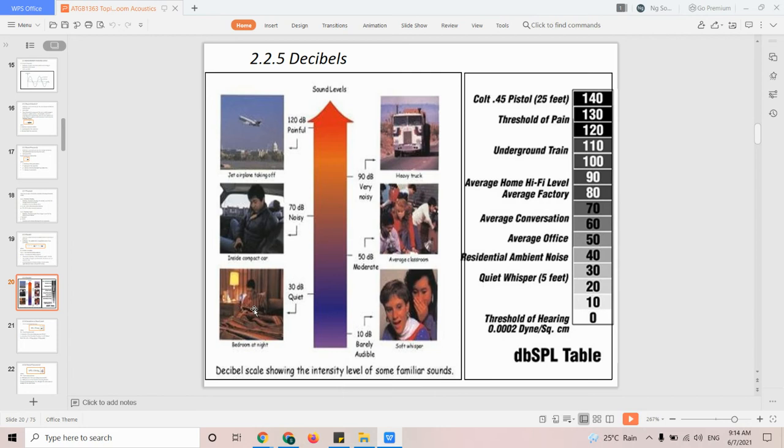So our human ear is actually a very amazing thing lah. Meaning we can hear a very, very quiet sound and we can hear a very, very loud sound. But we are not very good at detecting how loud or how quiet the sound is.